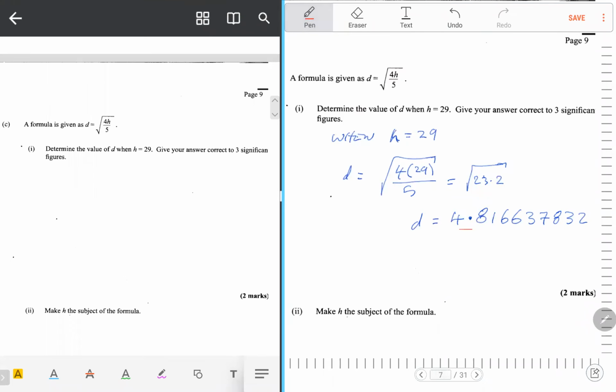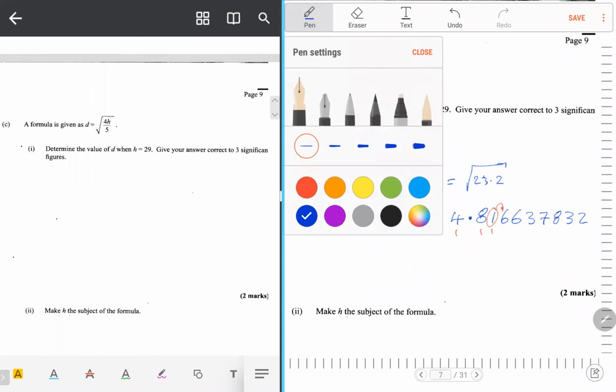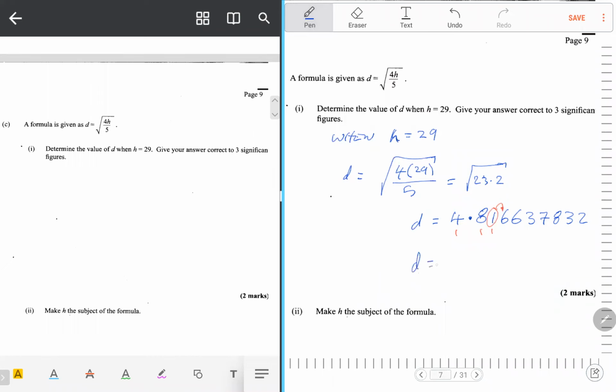The first three significant figures are these, and the third one we need to correct using the next value. This value is 6. Remember, once it is 5 or more, you increase the one that you're correcting by 1. So the final figure corrected to 3 significant figures would be 4.82.